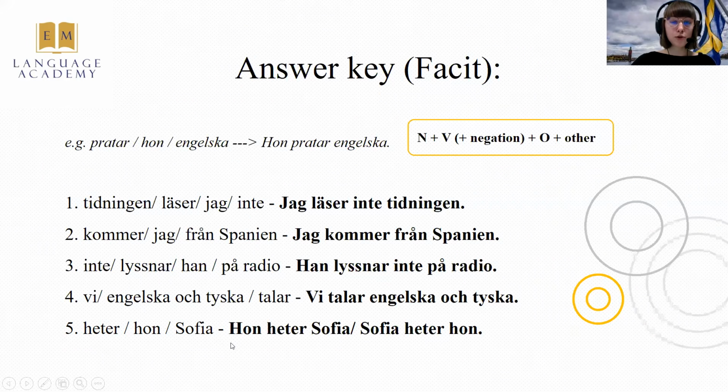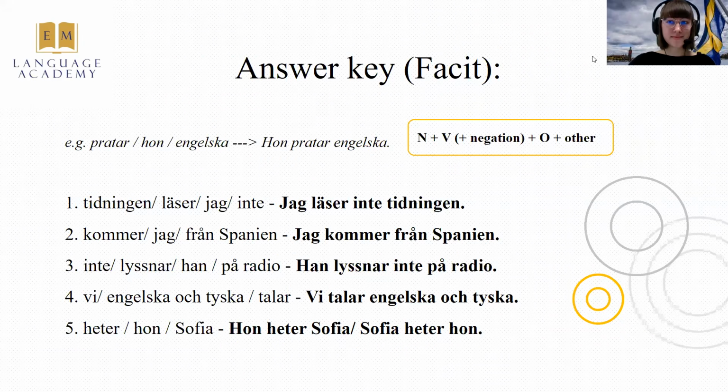And then the last one, heter hon Sofia? Here we have 2 possible answers. Hon heter Sofia, or Sofia heter hon, if we want to make our answer a little bit more fancy and put some extra stress on the name. Hon heter Sofia, Sofia heter hon.